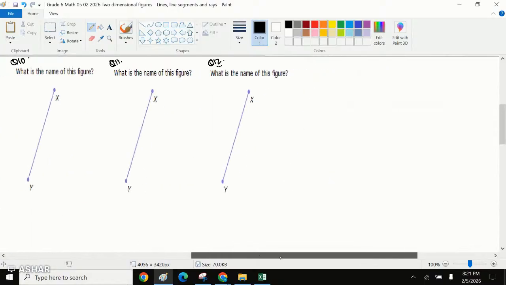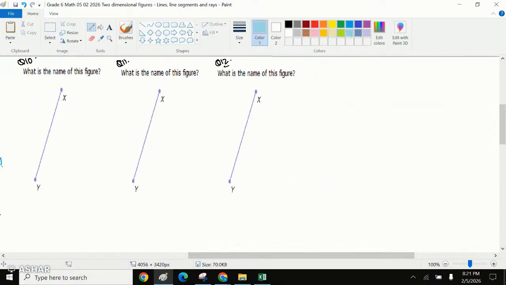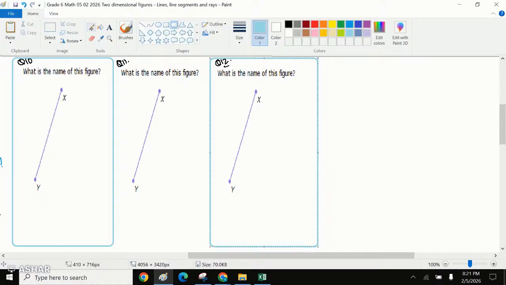Okay, for question number 10, let's define this and this.